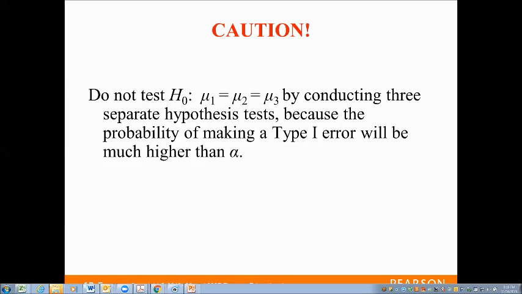The more times I conduct a test, the more likely I am to have made a type 1 error. So I would like to come up with a way of conducting a single test so that I only have to worry about having a mistake alpha percent of the time.